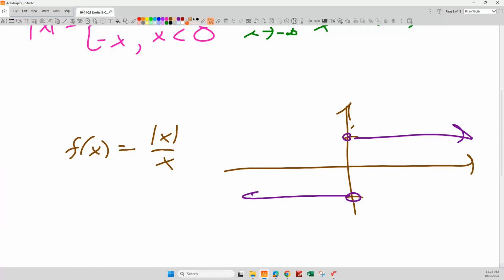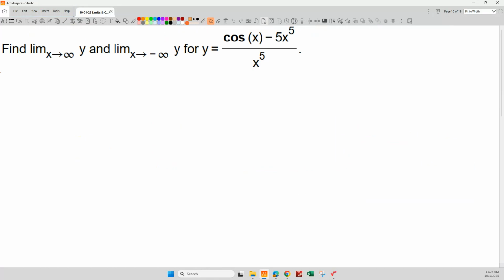How about this one? As x approaches the infinities, what's going to happen to that function in the numerator?